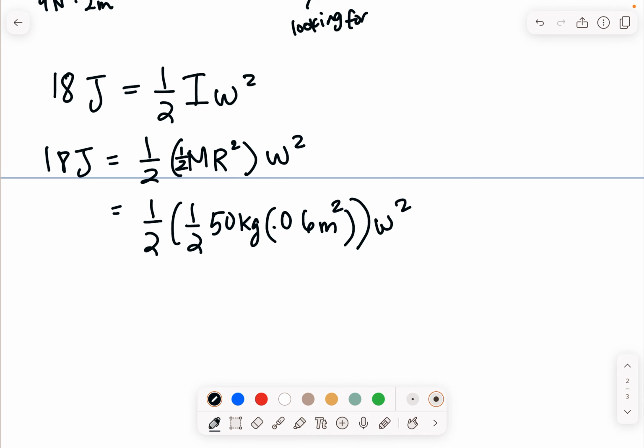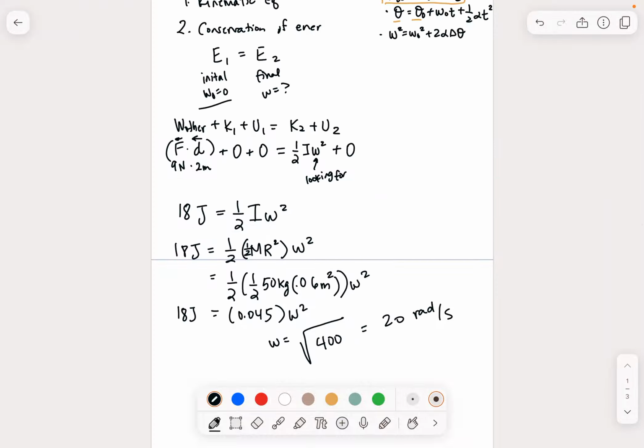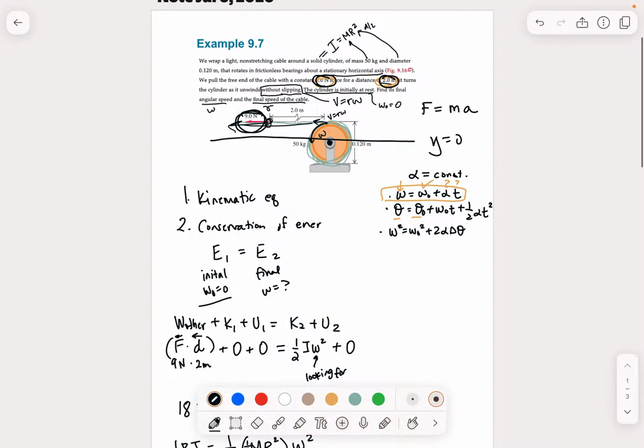So now we can solve for omega. All right, 20 radians per second. So that's our final angular speed.